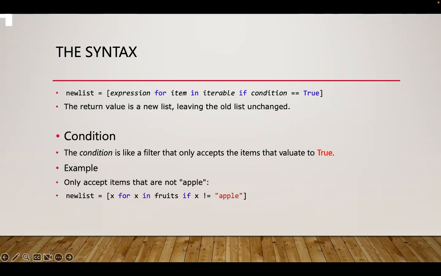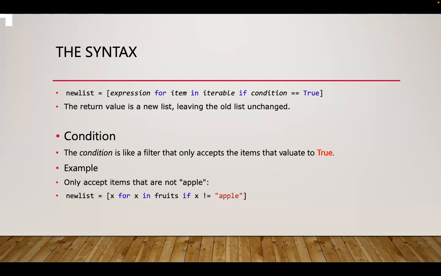Now we want to move on to what we mean by syntax. So let's say, for example, you have a new list. The new list is an expression for item in iterable if the condition is met. If the condition is true, then it's going to run it.